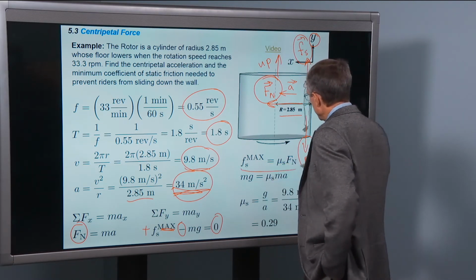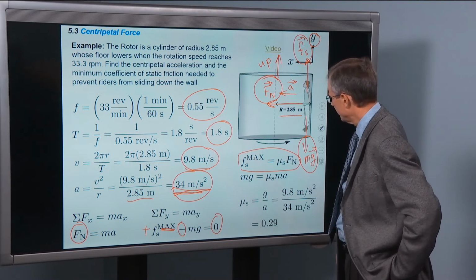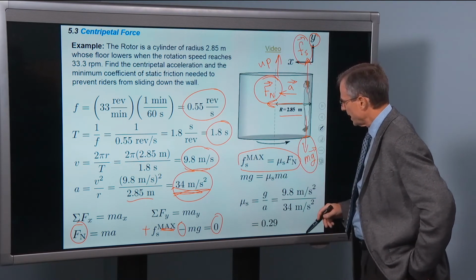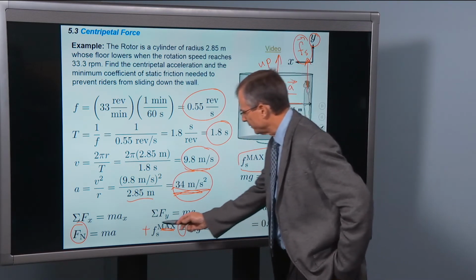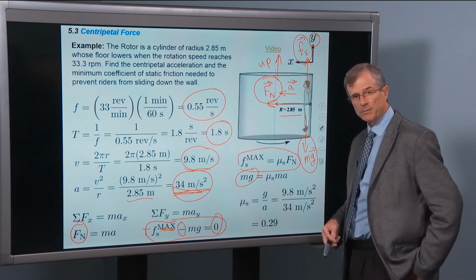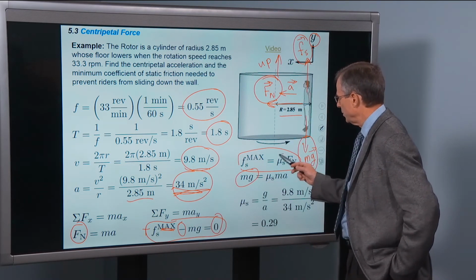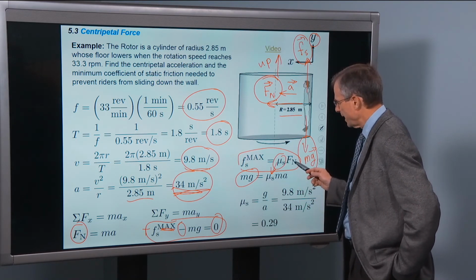So this is the relationship from Chapter 4, that last concept, I think it was. Fs max is mu static times the normal force. Fs max, we can find from this equation, is equal to mg. So that's where that one comes from. Then mu-s comes along for the ride, down from here to there, times Fn.